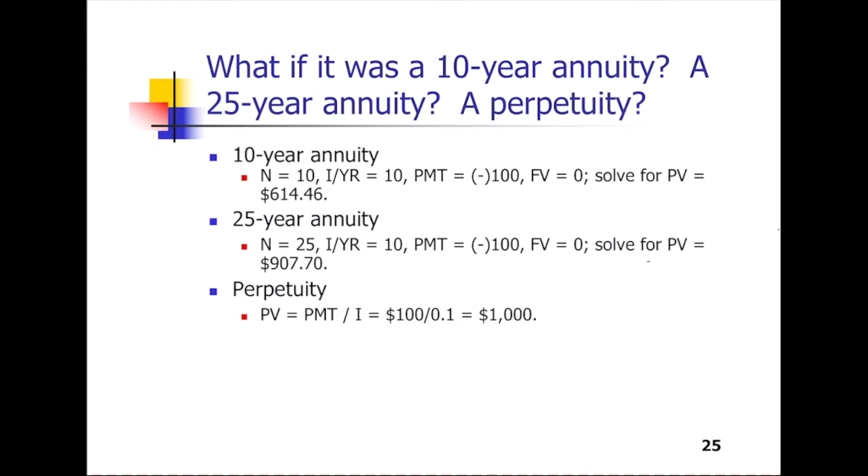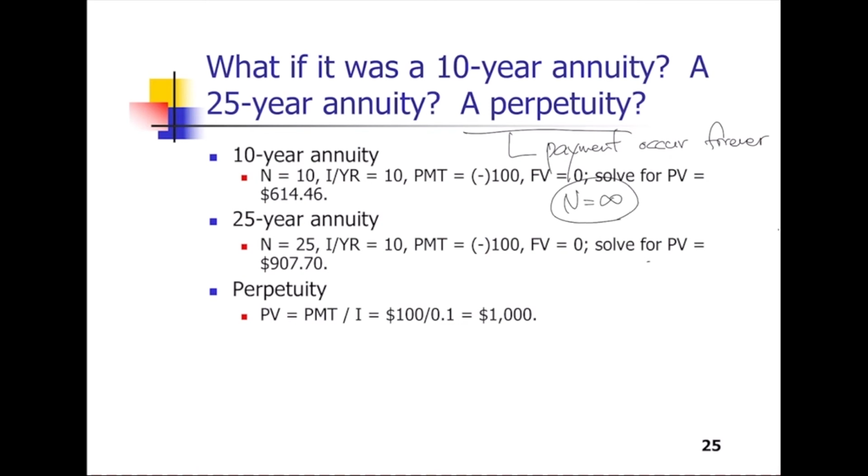What if it was a 10-year annuity or a 25-year annuity or a perpetuity? The present value of perpetuity, how can it be calculated? The perpetuity means the cash flow occurs forever. So the payments occur forever. So n is an infinite number.